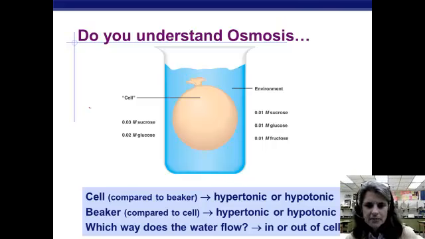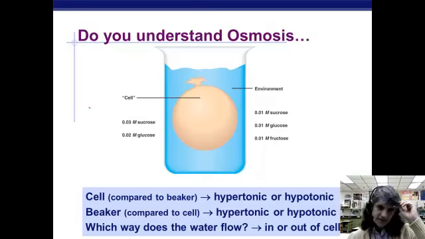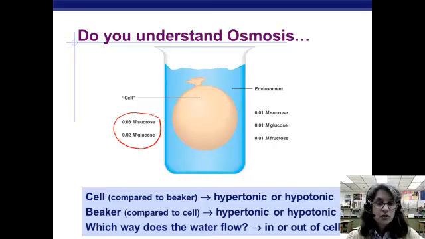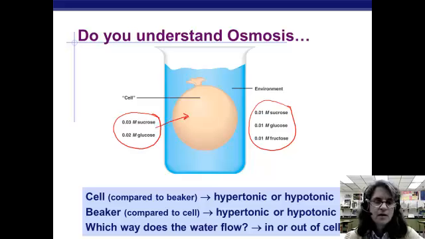Do you understand osmosis? So what this is doing is giving you the concentration of solutes, and notice there are some different solutes here, but we don't care. We'll just consider them solutes. In the cell, okay, we've got 0.03 molar sucrose, 0.02 molar glucose, and in the environment, in the beaker, we've got 0.01 molar sucrose, 0.01 molar glucose, 0.01 molar fructose.